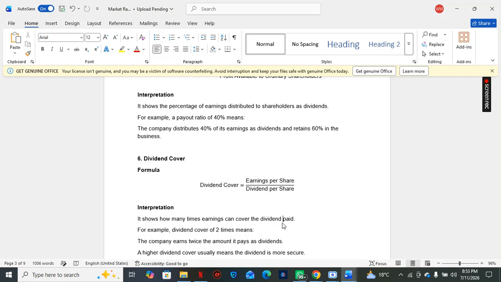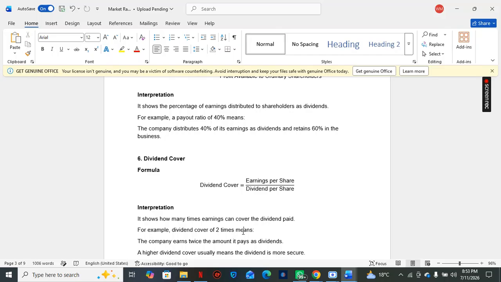For example, if we have a dividend cover of 2 times, it means from the company's profits, it can pay its shareholders 2 times. And then the money will be finished.